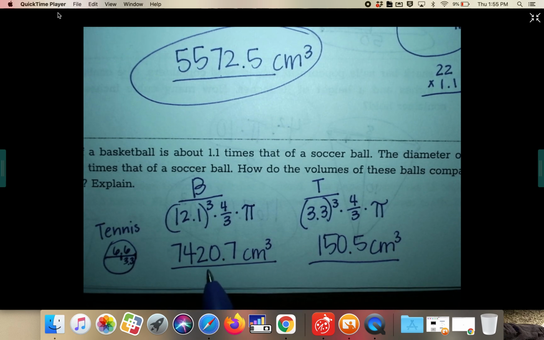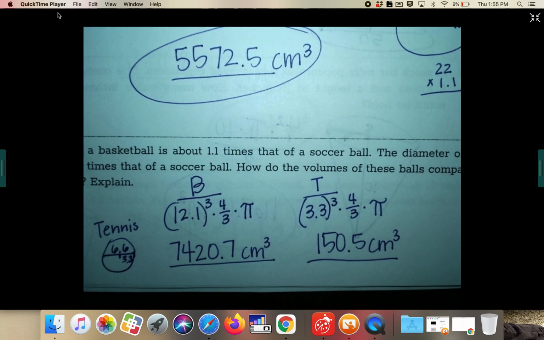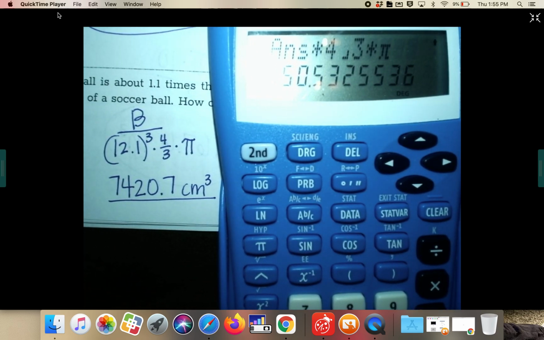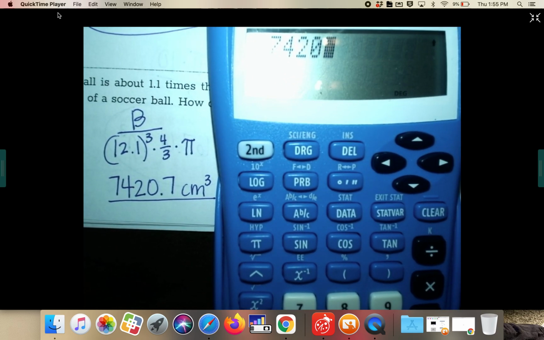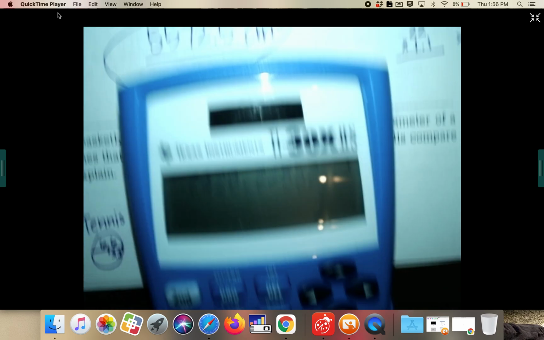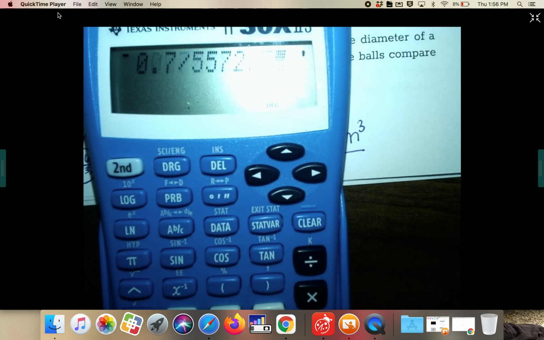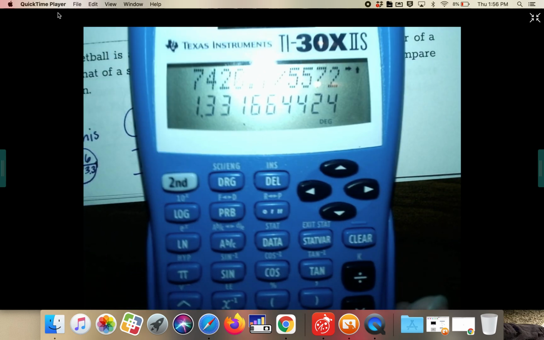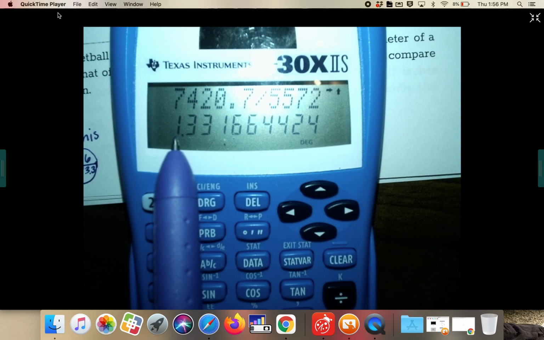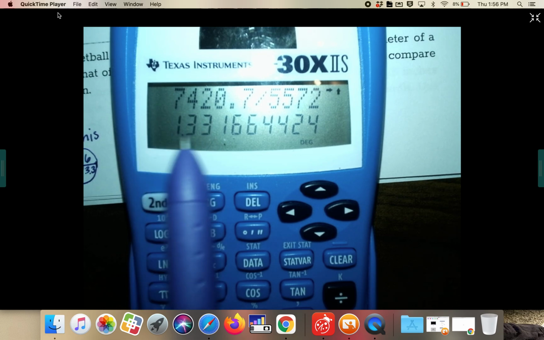So I'm going to take this number and divide by this number to see specifically how many times bigger it is. So I'm going to do 7420.7 divided by my soccer ball, which is 5572.5. And if I divide that, it is a little bit bigger than 1 time bigger. It's like 1.3 about times bigger.